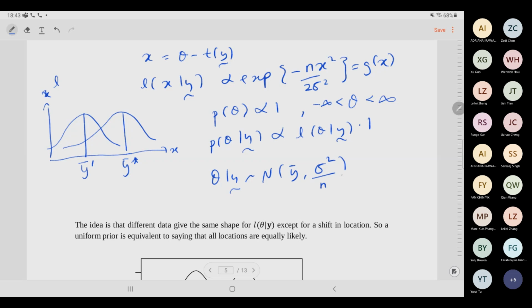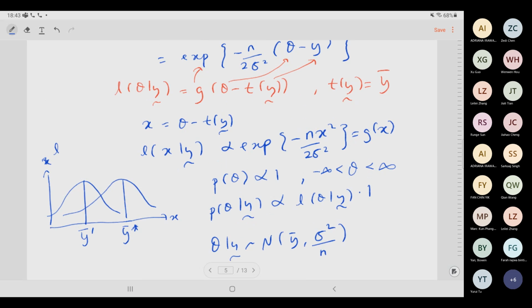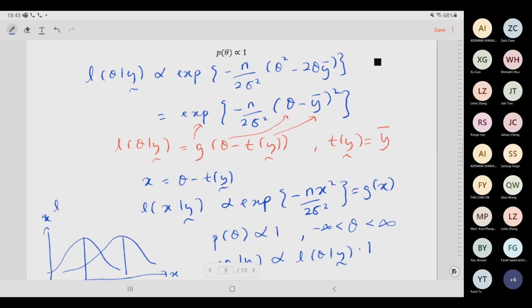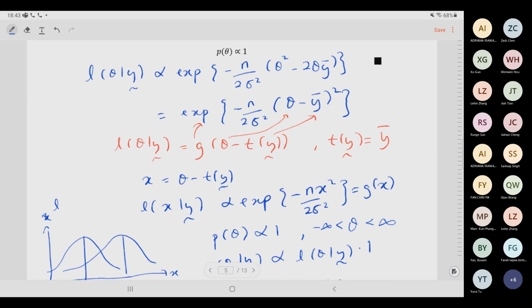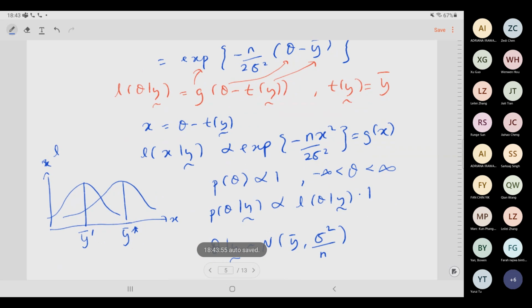Okay, so take note: this means that if you can show that the likelihood is a data translated likelihood, meaning it has a function g of theta minus t(y), then that suggests you use a flat prior or uniform prior for your parameter.